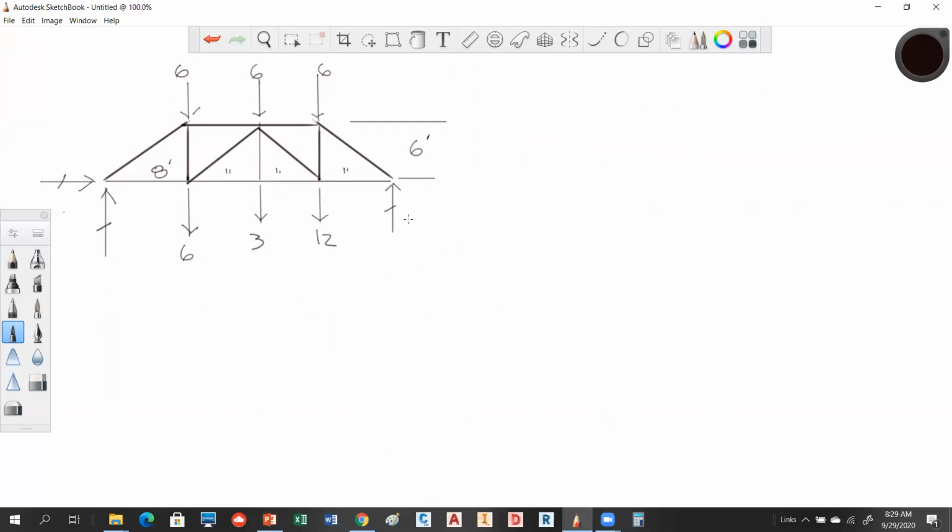So this is H, so this is going to be reaction HV. This is going to be reaction AV, and this is going to be reaction AH, okay? So this is joint B up here, and then we have D, and then we have F. And we're going to have C, E, and G. Okay, does everybody understand my truss?